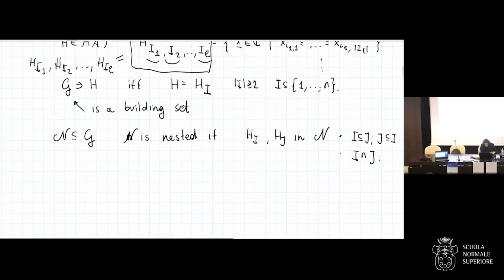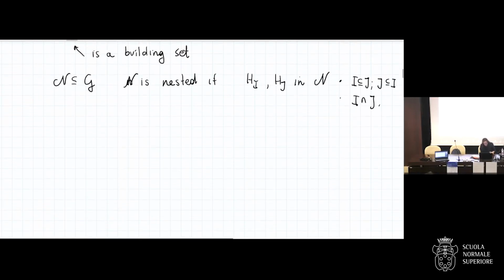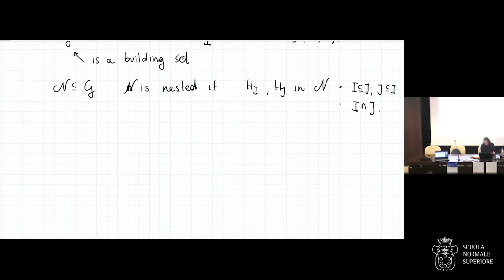Okay. So in general, given a building set, the definition of nested set is the following: a subset S such that, given every subset of non-comparable elements in it, then these are G-factors, where G-factors are defined over here, of a certain element of the poset of intersections which is not contained in G.